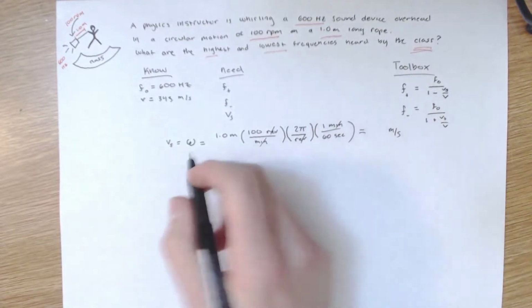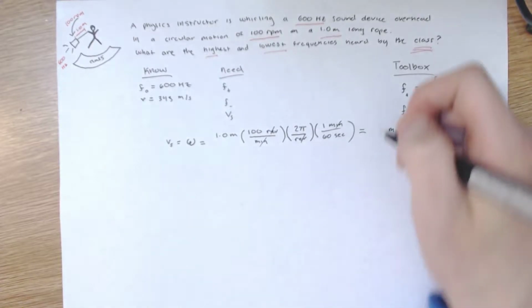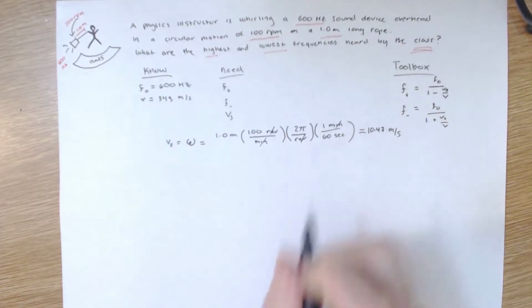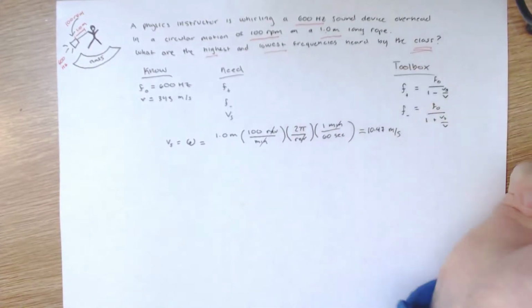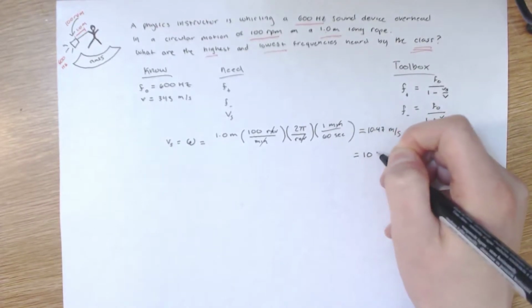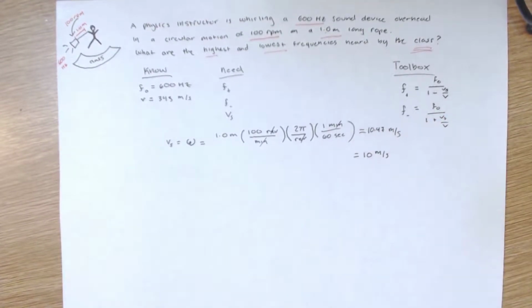I went ahead and did this calculation on my own, and it is 10.47. We have 2 significant figures dictated by our rope length, so we get to report this as 10 meters per second.